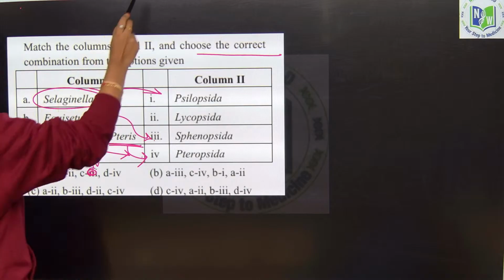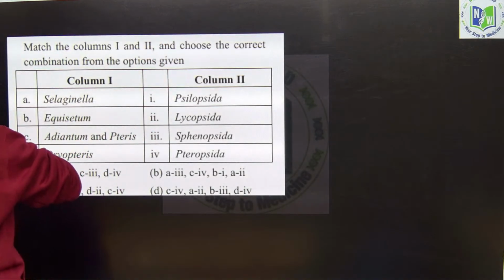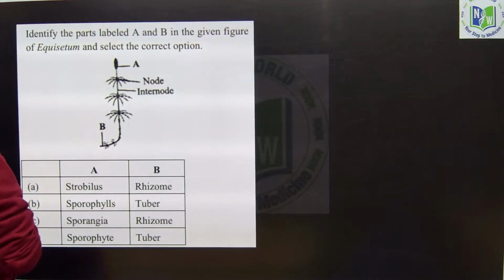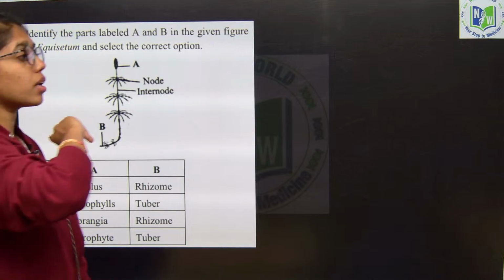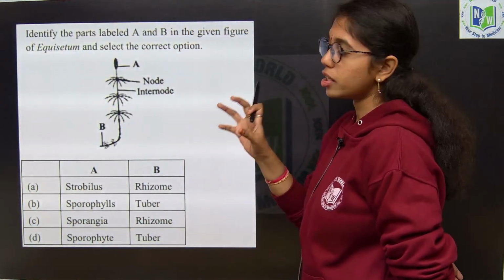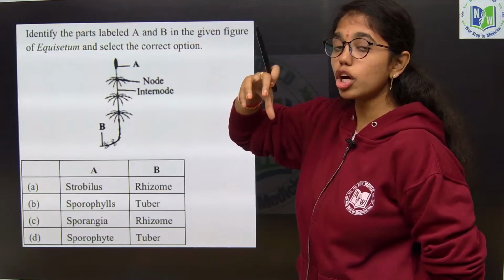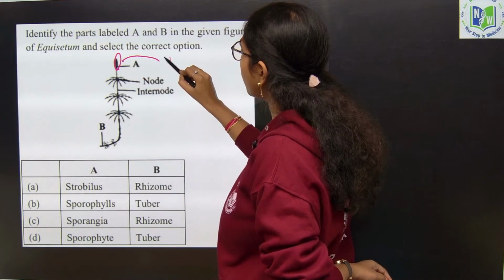And then next question. Yes, this diagram is directly from the NCERT. Identify the parts labeled as A and B in the given figure of the Equisetum and select the correct option. In Equisetum, you can see spores or sporangia are arranged in the compact cone-like structure. This compact cone-like structure is what?